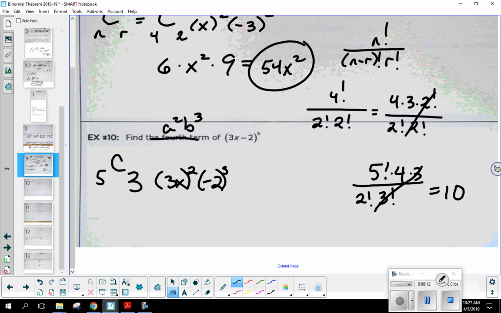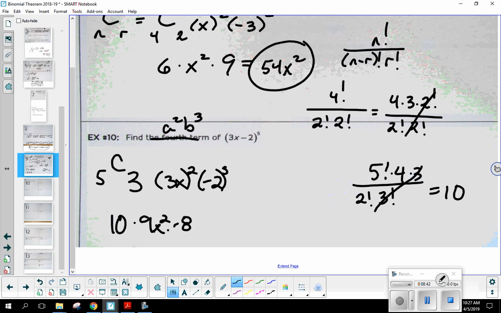So now let's come on over here, below the combination, let's go ahead and put 10 times. Now what do I get if I square that product 3x? 9x squared times. Now what do I get if I cube -2? There's just one detail. What kind of 8 would that be? Negative. There we go.